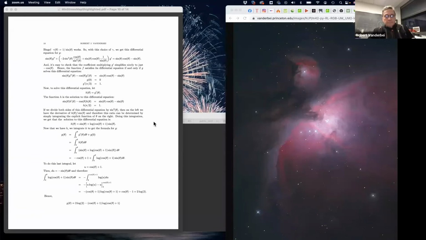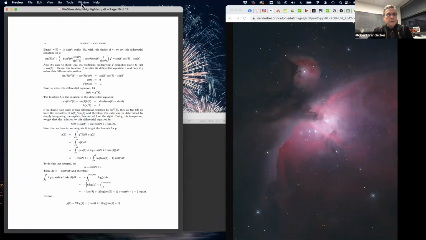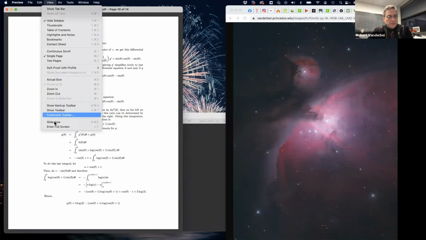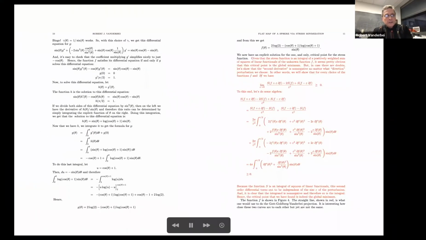Okay, let me reshare the screen. Oh, what did I do? Back to meeting. Where's the screen? It's because I went in full screen mode and I'm not seeing it. How do I get to preview, view? Not this.